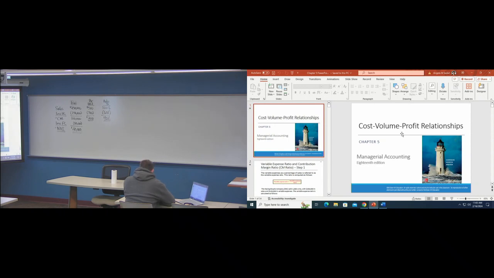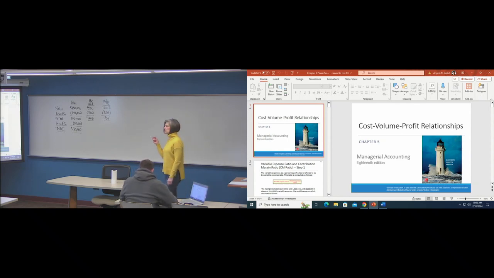Okay, so you guys hopefully remember that on Monday we did start chapter 5 on cost, volume, profit relationships. And I spent a good bit of that time talking about this template that I like to use that provides us with all the variables we need to perform our cost, volume, profit analysis. I gave out the PowerPoints on Monday, so we're good there.